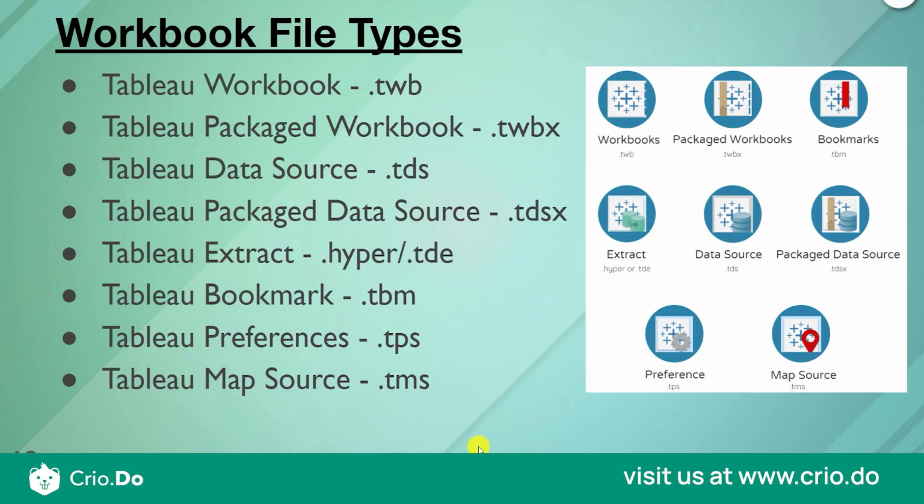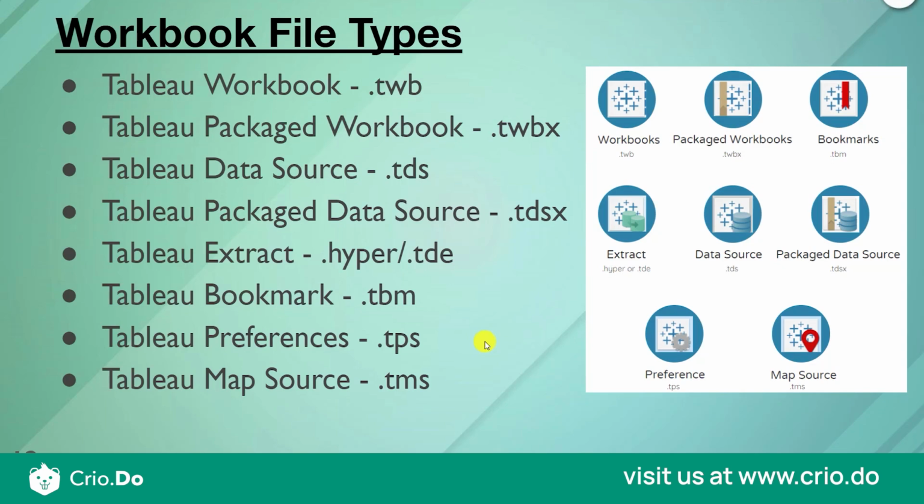This one comes with the map icon, if you see there. .tms is the full form of Tableau map source, and this one gives us the map related information if you want to save the map locations, etc. And if you want to save the dashboard, this will allow you to save the map source information inside this file. So these are the file types we have in Tableau.